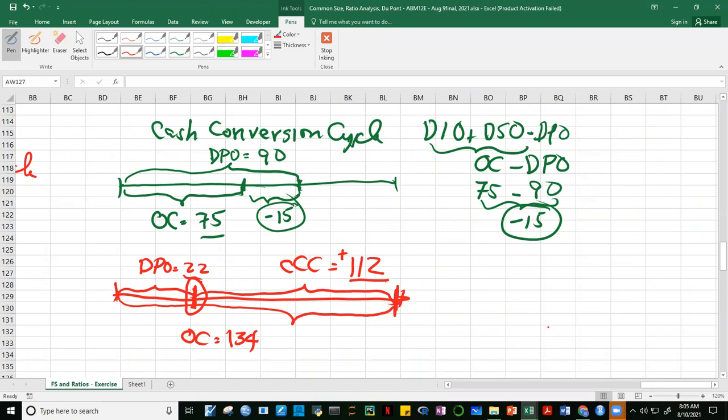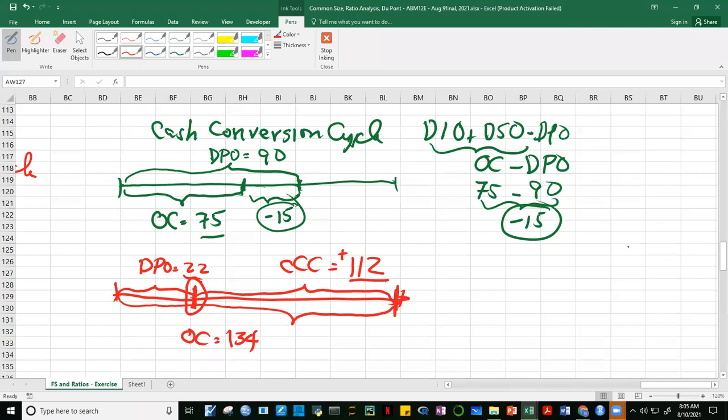Okay, kasi itong DPO nila mahaba, no? Days payable outstanding bago nila binabayaran yung mga suppliers nila. So anong nangyayari, because napakalaki ng DPO nila, malaki yung negative yung cash conversion cycle nila. Okay, would you know kung anong company yun? 2 letters lang. Alam niyo yung company niyan, guys.